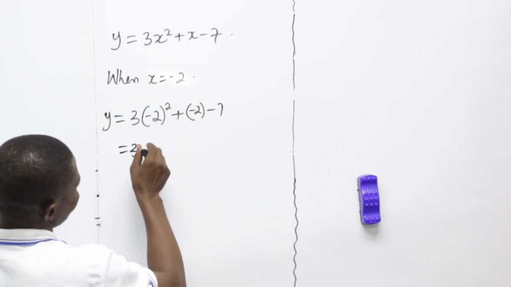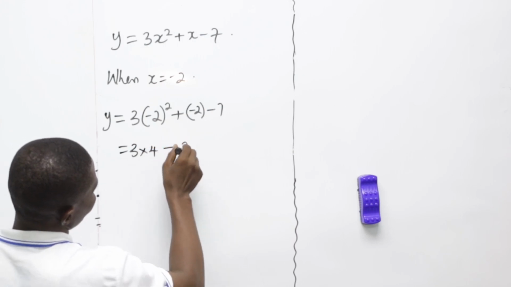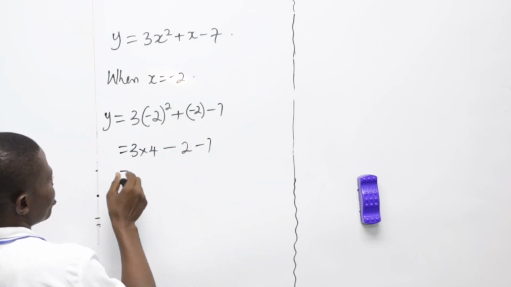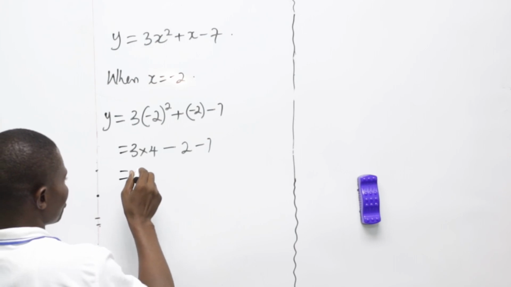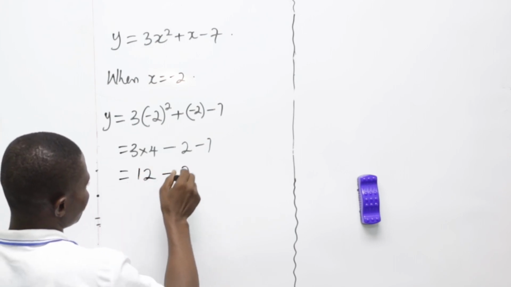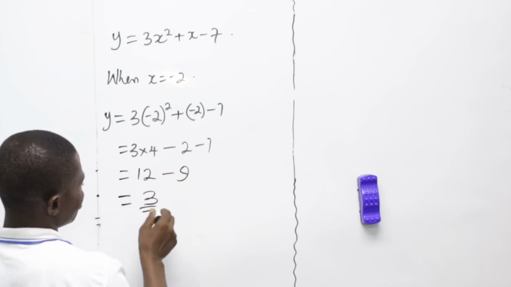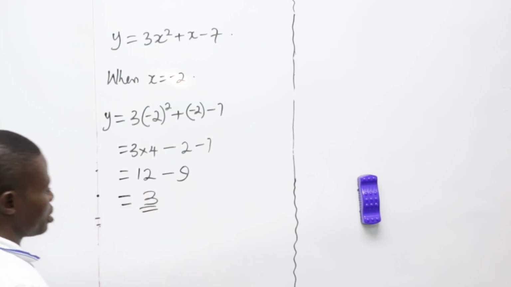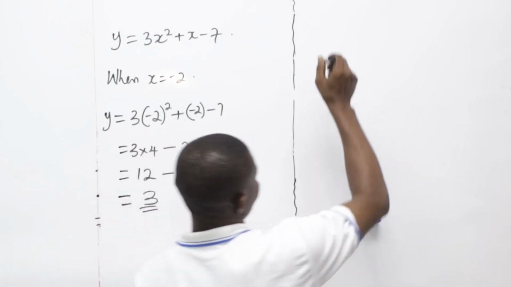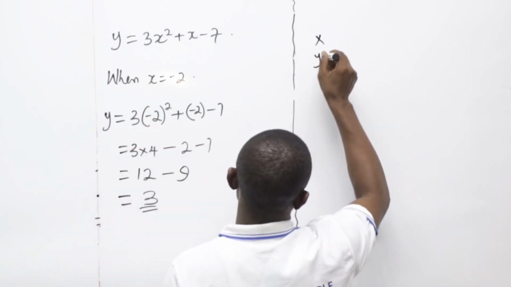Meaning 3 times 4 -2 -7, because the square of -2 is +4, which gives 12 -9. Now 12 -9 is 3. So our answer there is 3. Remember, you must have your table somewhere.